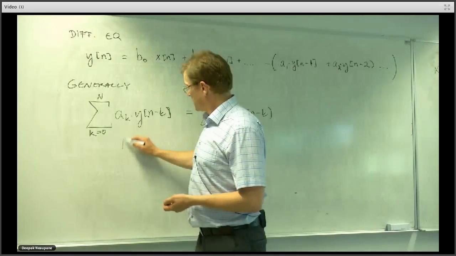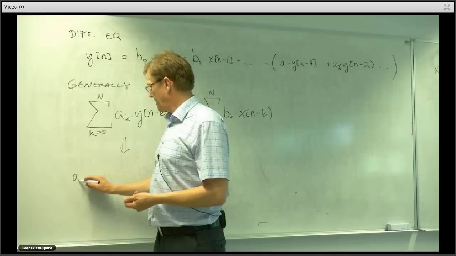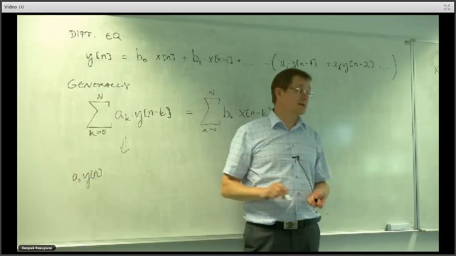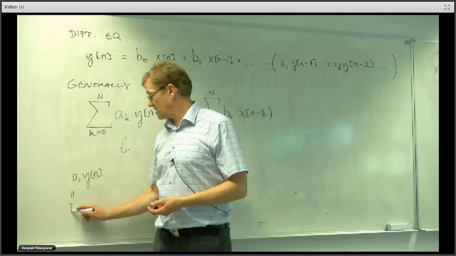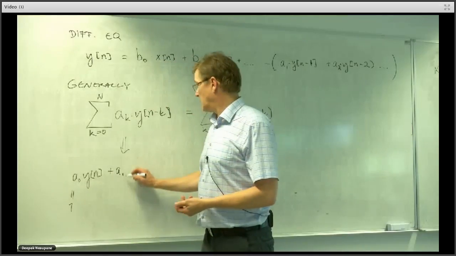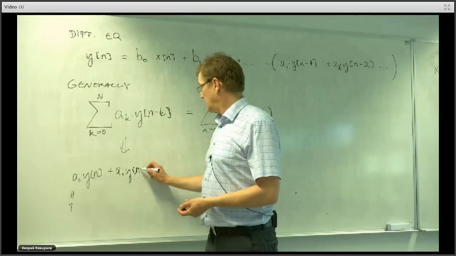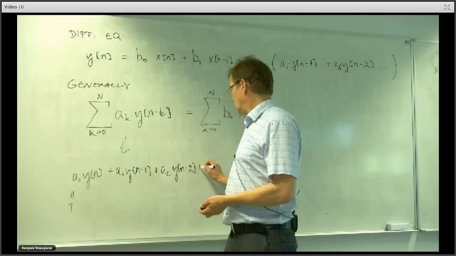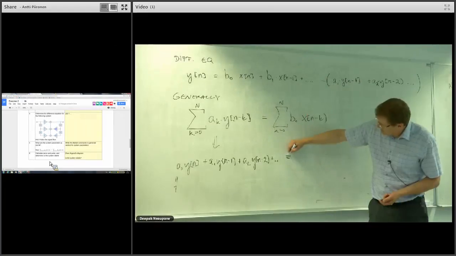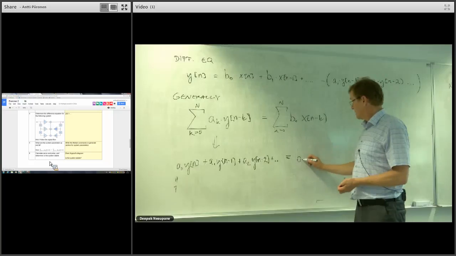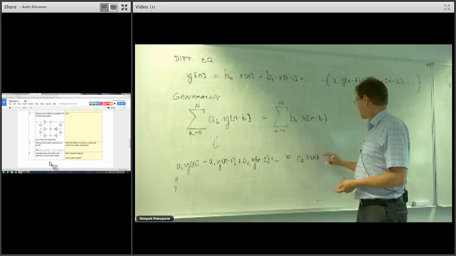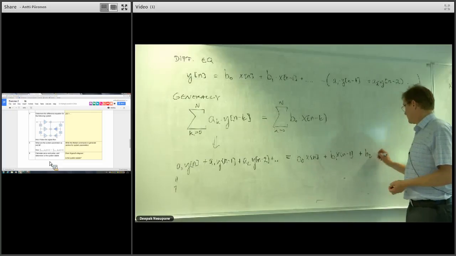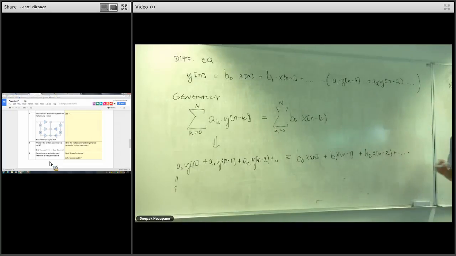But in your case you would have a0, some variable, times y n, and this variable, when you look at these block diagrams, is almost always 1, plus some other scaling factor times y n minus 1, plus a2 y n minus 2 and so on, depending on how many delays you have in the system. And on the right-hand side you should have b0 x n plus b1 x n minus 1 plus b2 x n minus 2 and so on, whatever those values are.